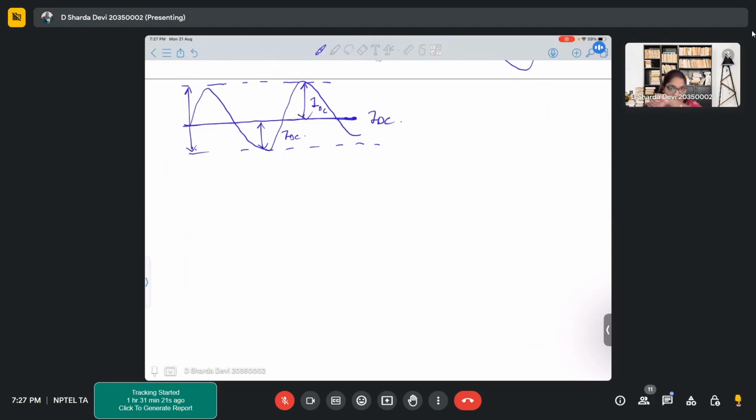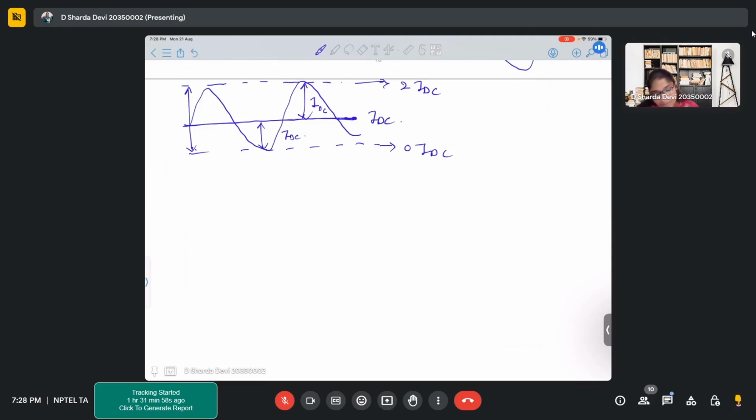So there might be a condition for input such that with those particular oscillations, the maximum current that you can achieve is IDC plus IDC, which is 2 IDC, or it can be 0, because this is IDC and this will be minus of IDC, right? So 0. These are the two extreme conditions which are considered. Now, for these extreme conditions, we are trying to solve our equations.